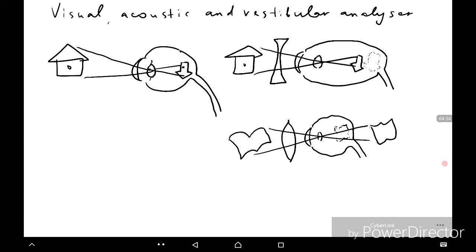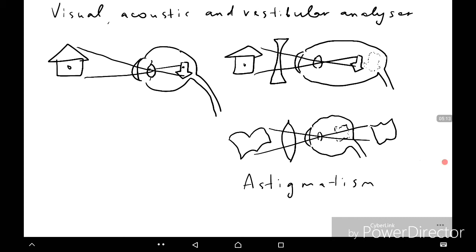This is called farsightedness, or hypermetropia. And another type is called astigmatism. Astigmatism is when the eye does not focus light evenly on the retina, and this results in blurred vision at all distances.